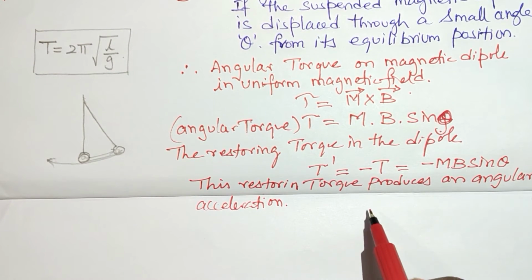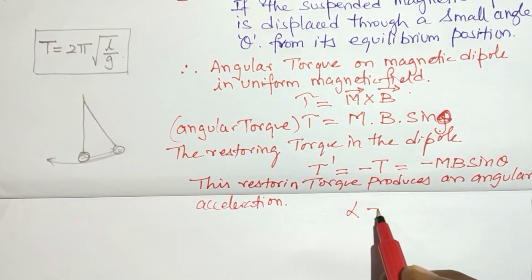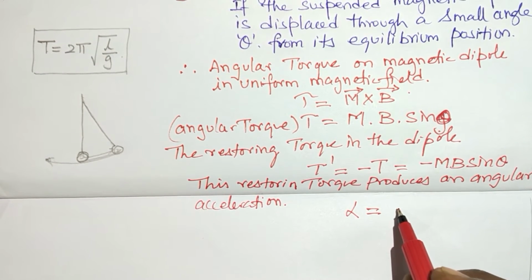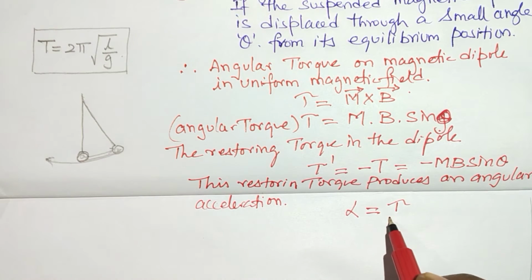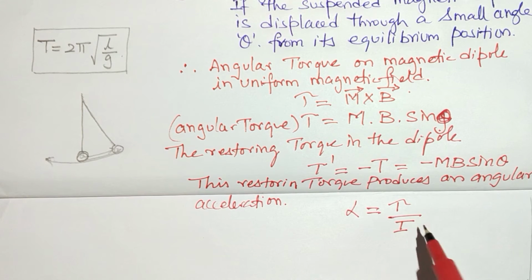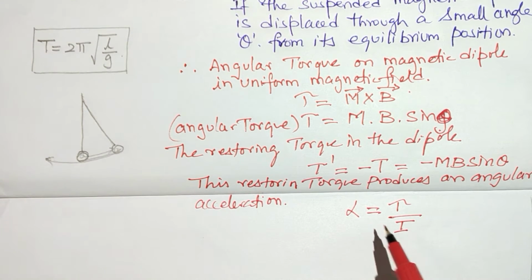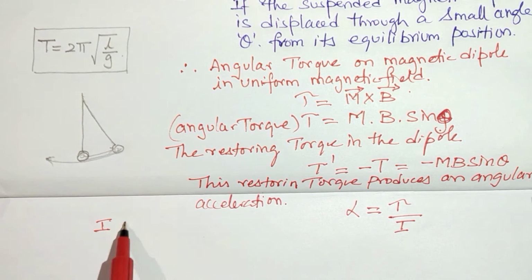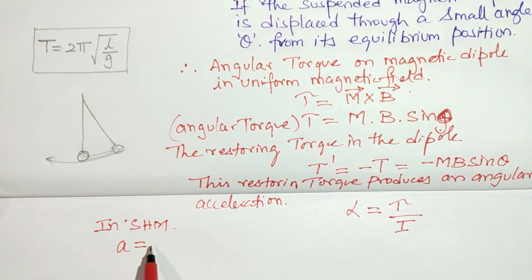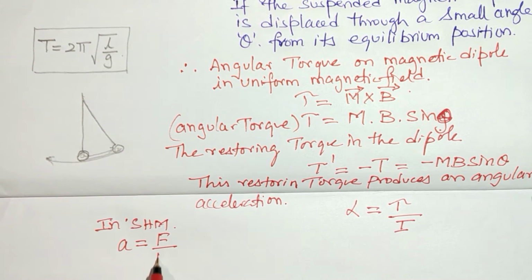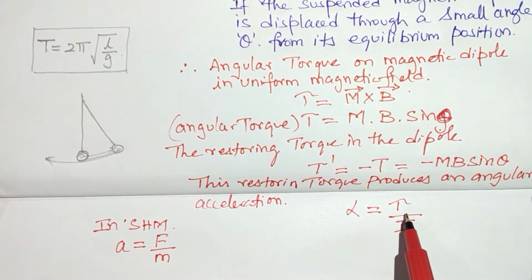What is the formula for angular acceleration? Alpha is equal to torque by moment of inertia. In simple harmonic motion, we studied that the acceleration is given by the formula force by mass. So here, instead of force we use torque, and instead of mass it is moment of inertia.